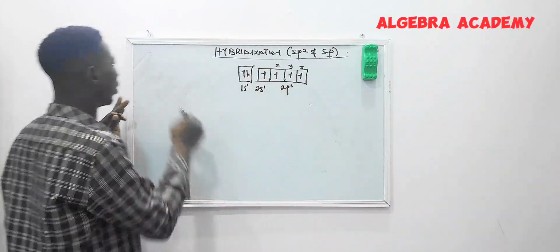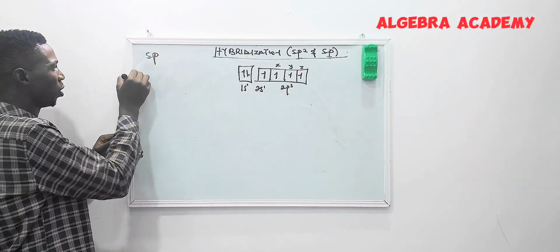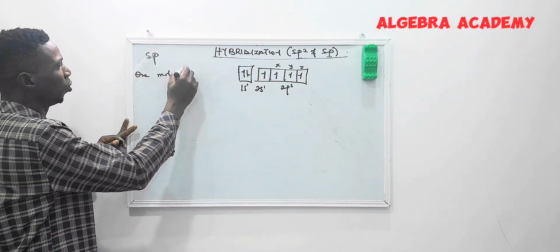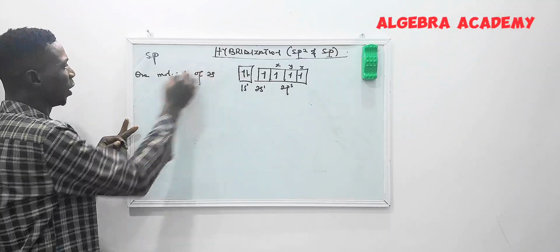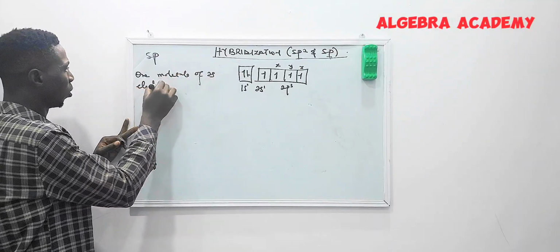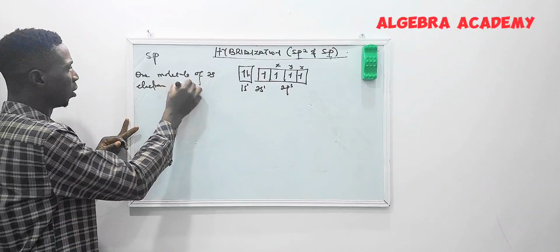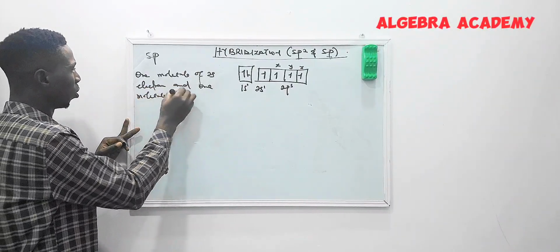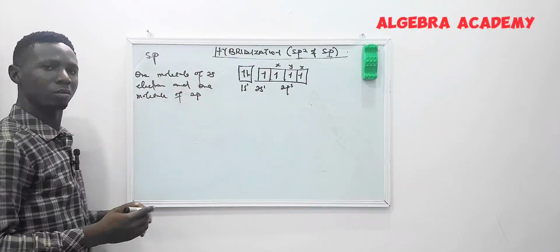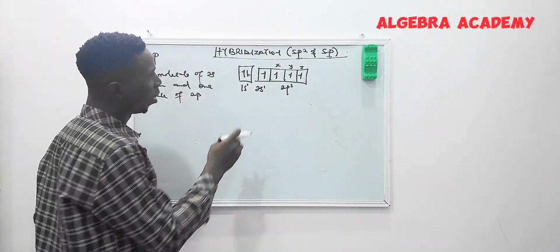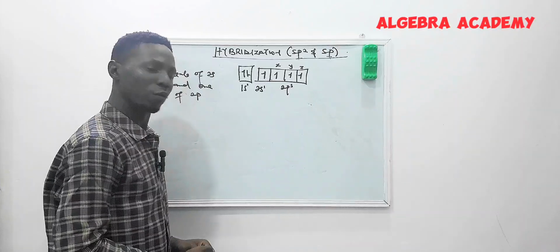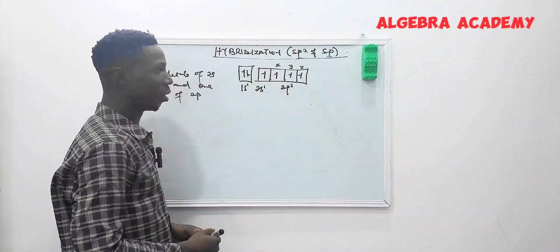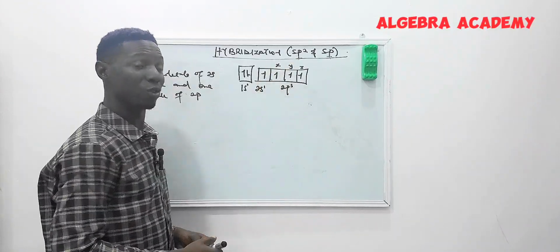Now this time around, for sp, it means you need one of the 2s electron and one of the 2p. Just one. It means we need just 2 from these orbitals to hybridize. One from here, one from here. That means these 2 will be left out as unhybridized orbitals.